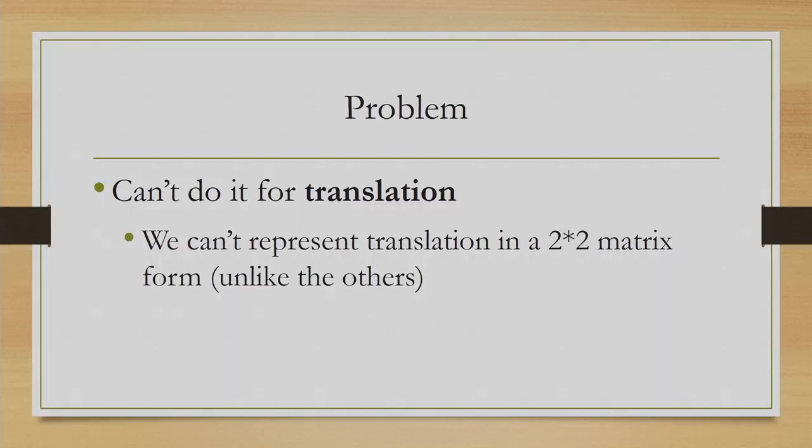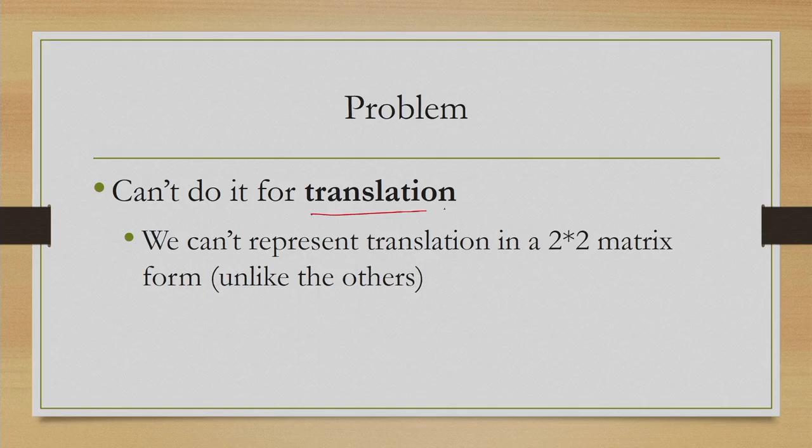Unfortunately, 2 by 2 matrices would not serve our purpose, because no matter how much we try, we will not be able to represent the translation transformation using a 2 by 2 matrix, unlike the other 3 basic transformations. That is not possible.